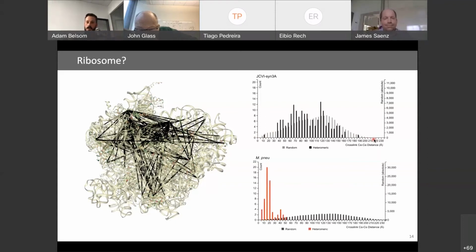When we look at the data that we got for Mycoplasma pneumoniae, we got a completely different picture. In that case, the links between subunits fitted quite nicely. So this is something that is puzzling us at the moment, and we would be interested in finding out what could be happening here.